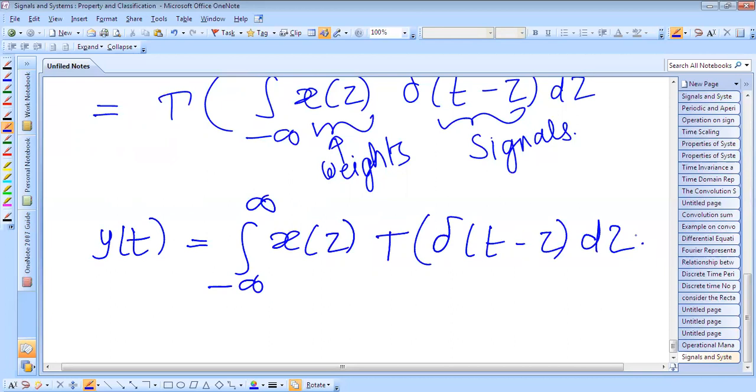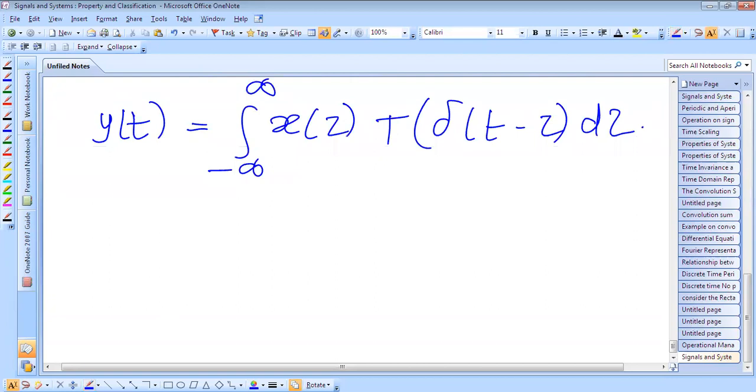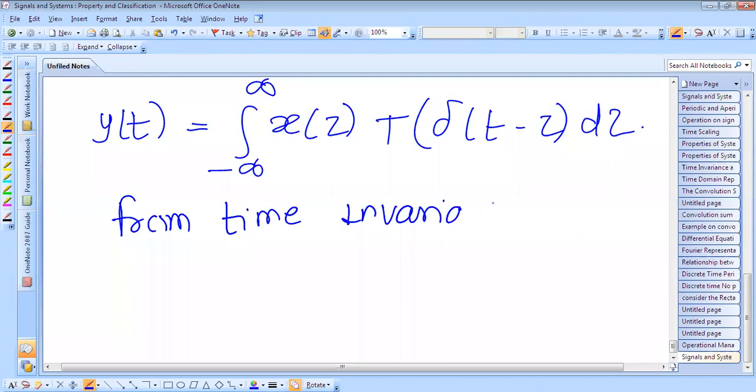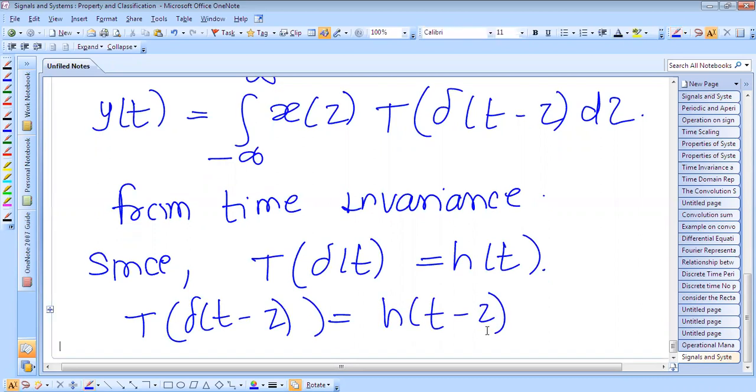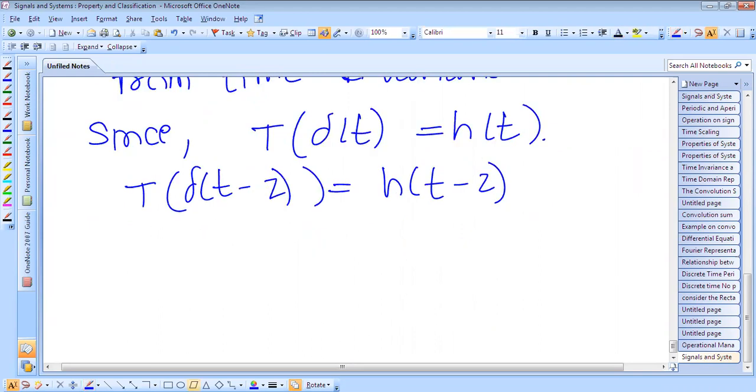So from the time invariance we can write, since T of delta of t is equal to h of t, and therefore as per the shifting property, T of delta of t minus tau is h of t minus tau. This follows from the time invariance.